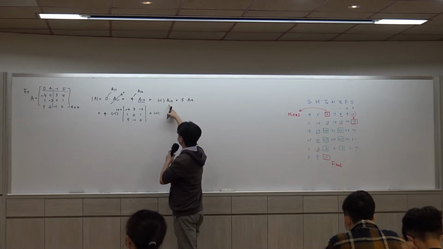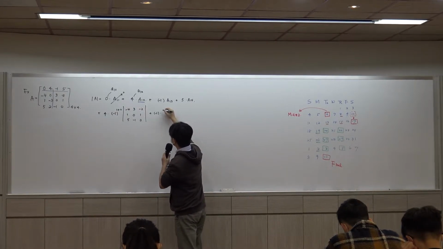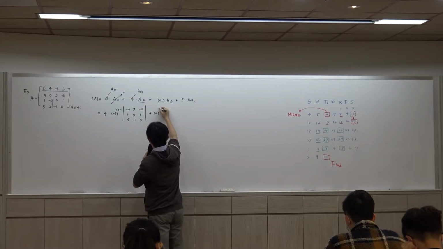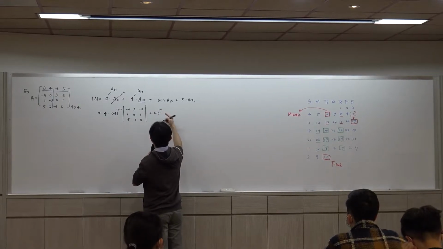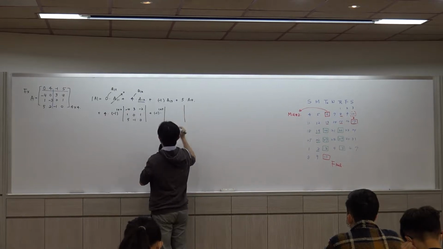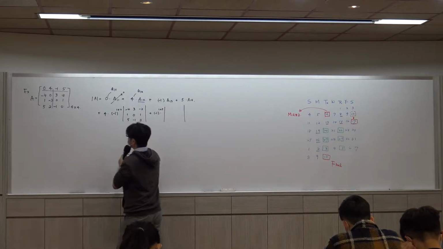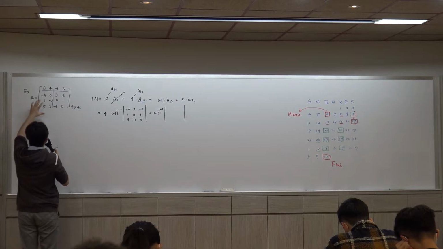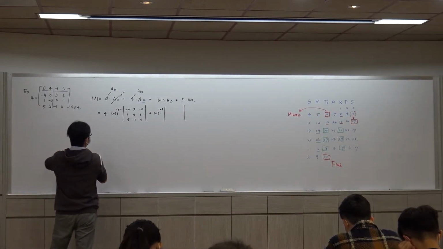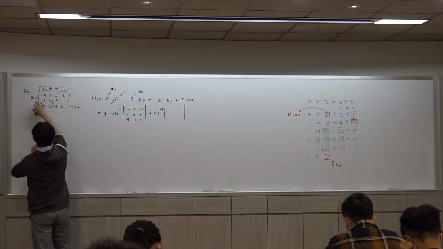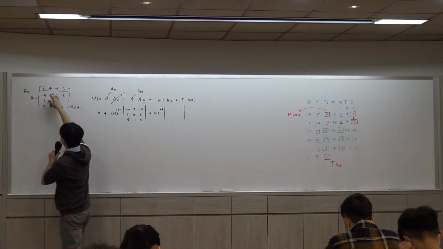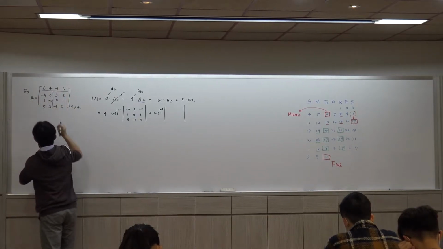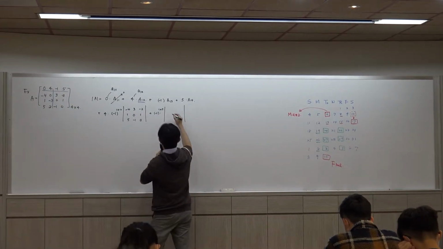The cofactor A13 would equal the term (-1) with the exponent 1 plus 3, and the minor would be the matrix obtained by removing the first row and the third column.